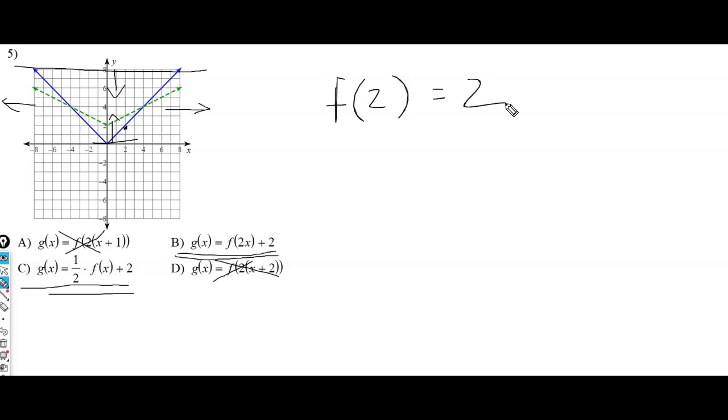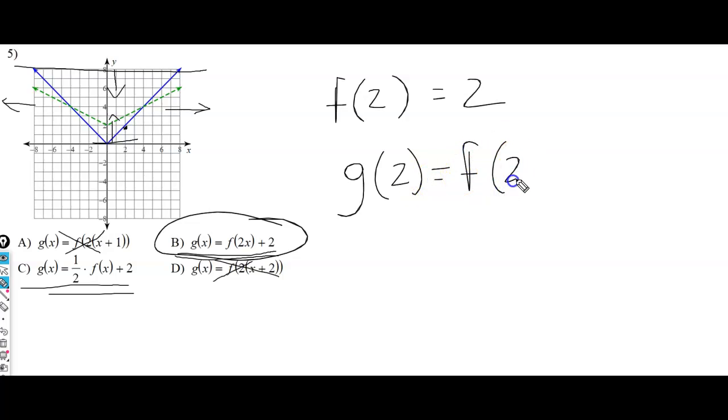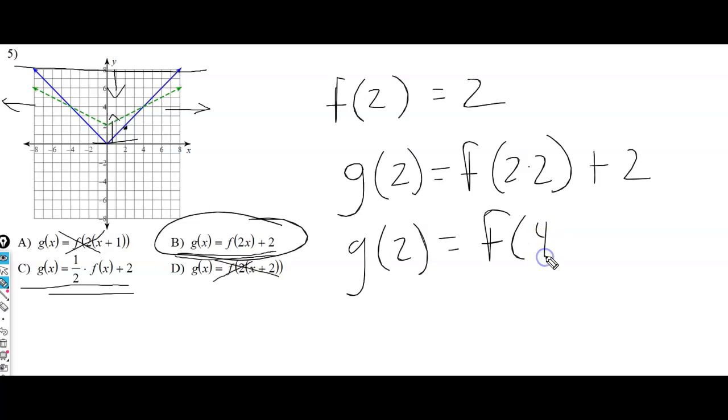So what I'm going to do is I'm going to pick one of these. Let's say I choose this one now, and I'm going to plug 2 in for the g function. Now if I do that, that means I'm going to plug in 2 for the x, just like that. Two times 2 is 4.